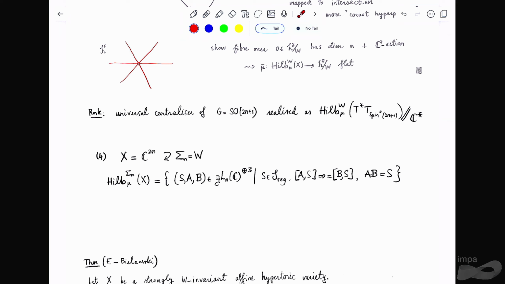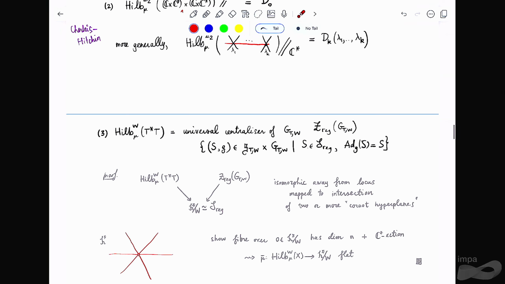You get an arbitrary element on this regular Slodowy slice for GL_N, and then two Lie algebra elements that commute with S, and whose product is S itself. This is just to say that if things are simple enough, then you can actually calculate.